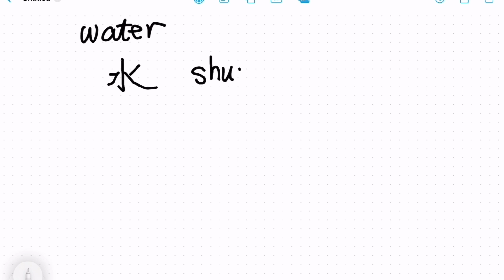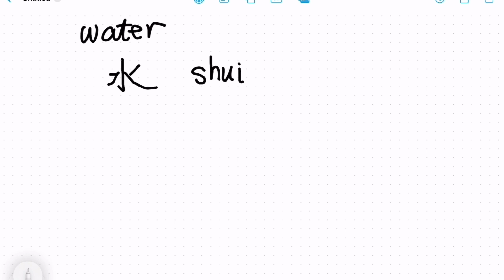The first word we learned is water. The Chinese is 水. Now, what you need to remember is its pinyin. It's SHUI. The sound is shui.